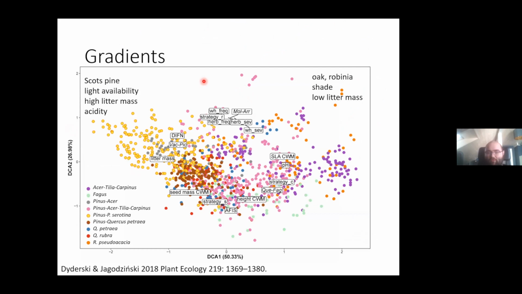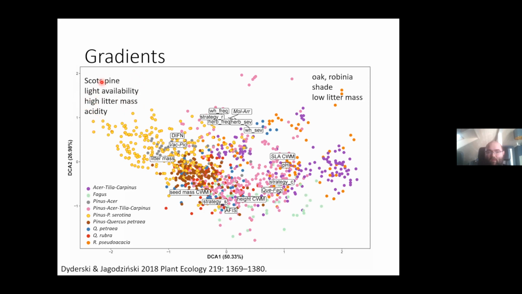These gradients were reflected in the vegetation, which grouped along 2 main axes of vegetation variability. The main axis of variability can be explained by increased light availability, higher litter mass, which is the approximation of matter turnover time in forest ecosystems, and acidity.